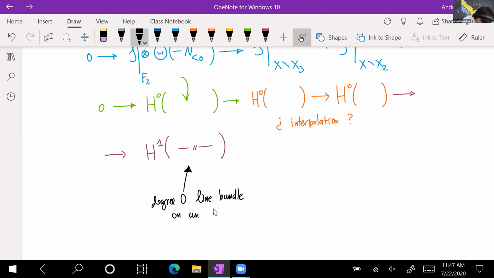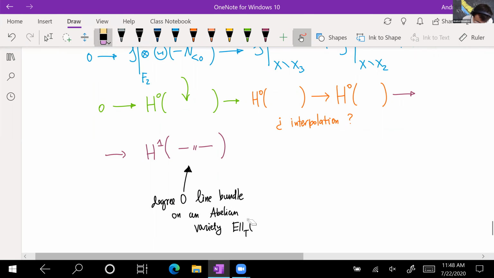One and a bit, right? Because this is on the elliptic abelian, namely the T-equivariant homology of, well, degree 0, so maybe I'll write it like this.